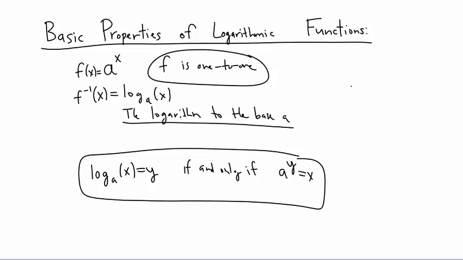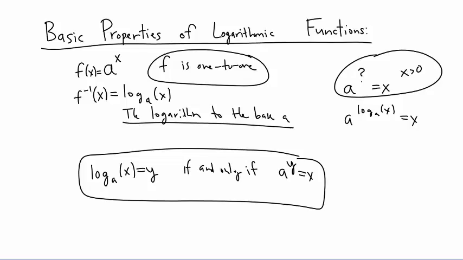So if we were to ask the question, a to what power equals x, we see that this is the number log base a of x. Here x is positive, right?